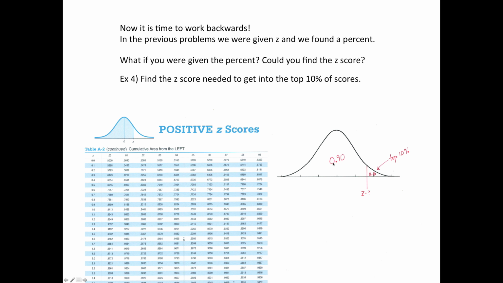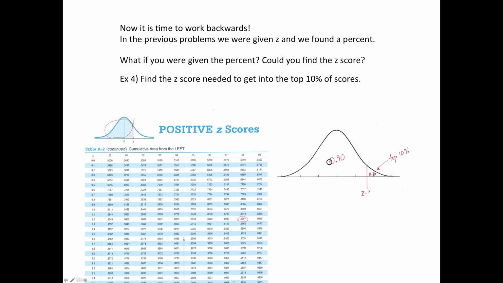Then take a look at this table. With the positive z-score, this is the 90%. That's what these numbers in here are. So what you do is just search through this table until you find the one that's closest to 90%. It doesn't have to be over, it doesn't have to be under, just whatever's closest. And it's this one that's closest.